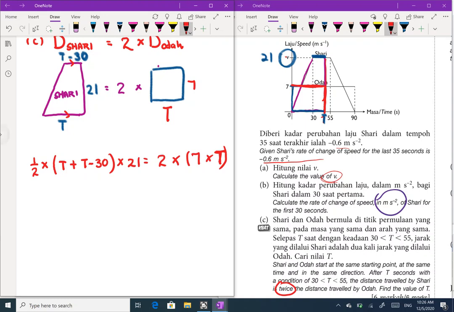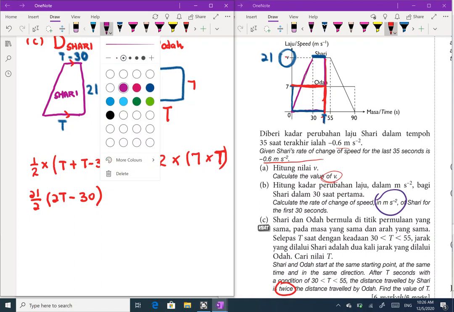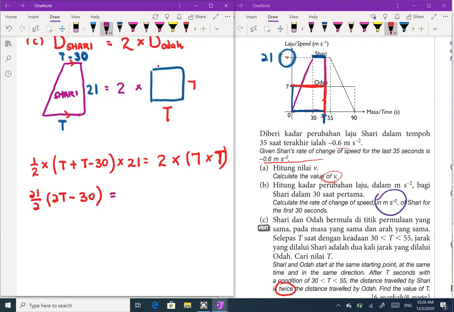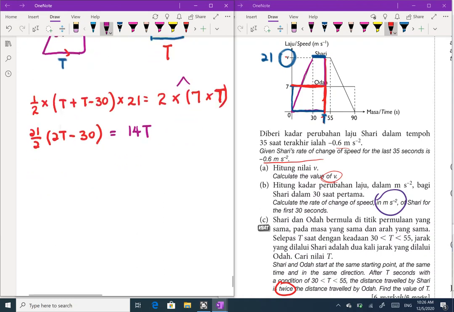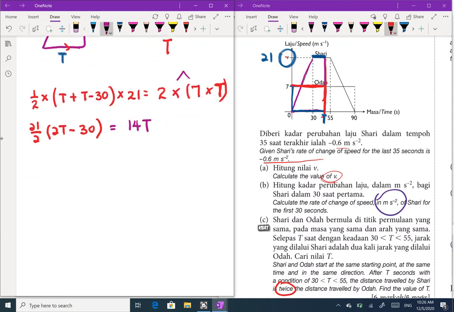So 1/2 times 21, so I use 21/2 times 2T minus 30. This one is equal to 2 times 7, 14T. So multiply 21/2 times 2, so 21T.